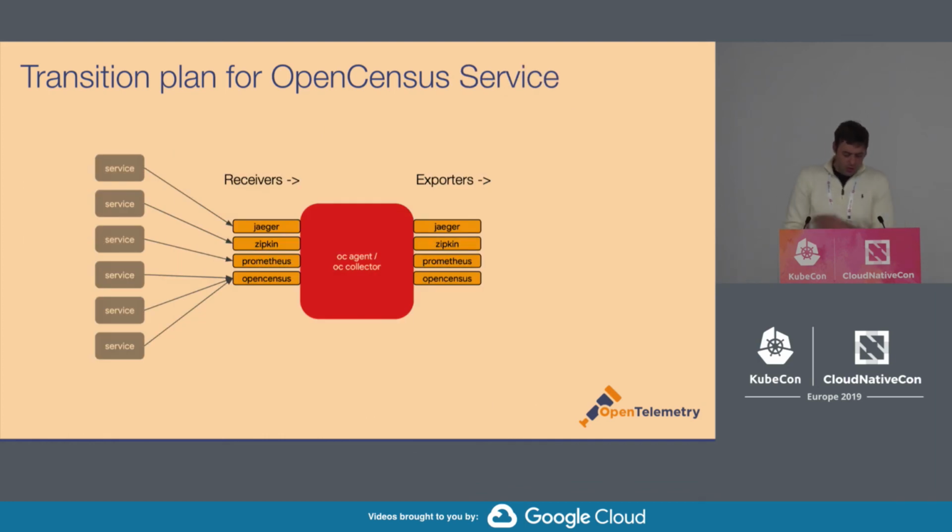For the agent, what we would like to do is, we have this sidecar or agent implementation that supports multiple receivers and also exporters. What we'll do first is probably rename the binaries.